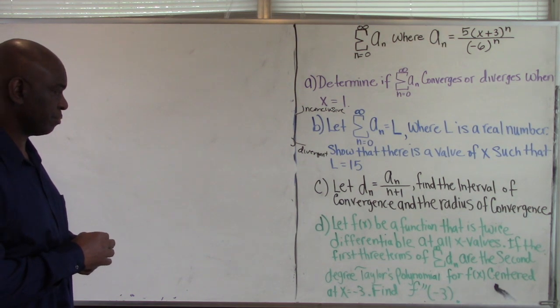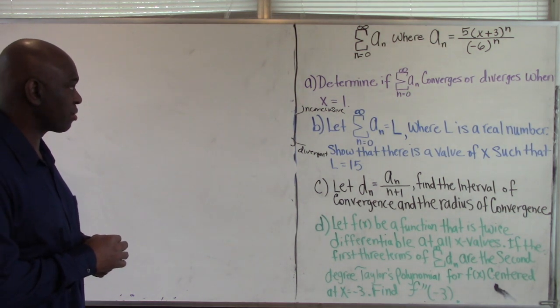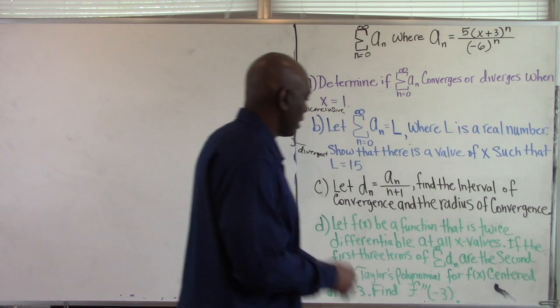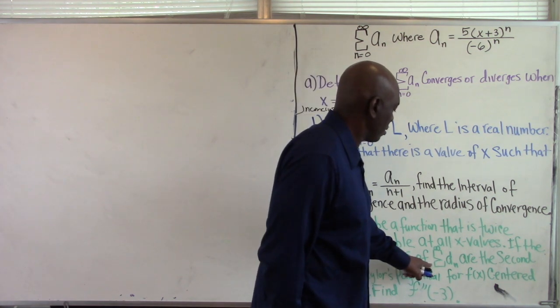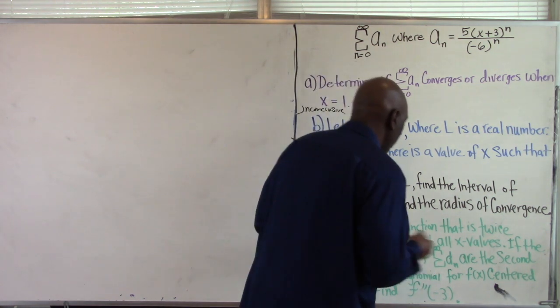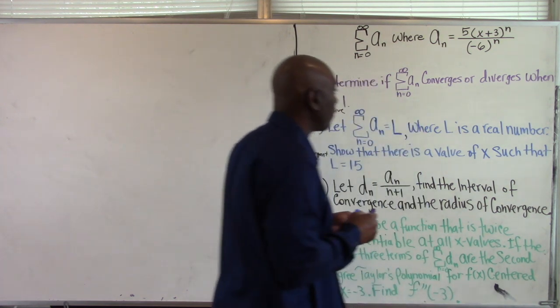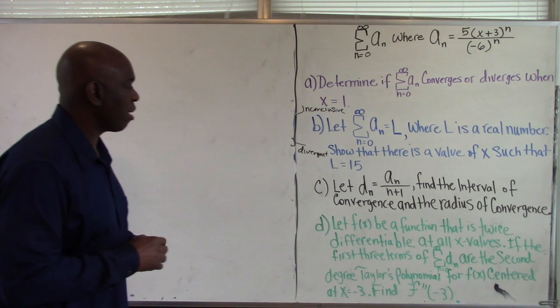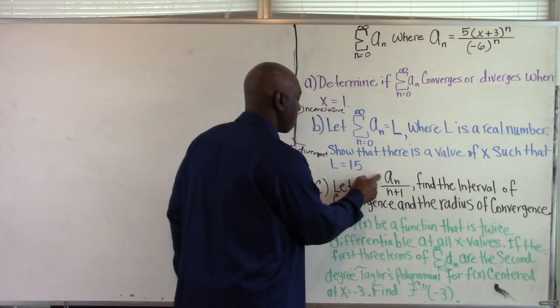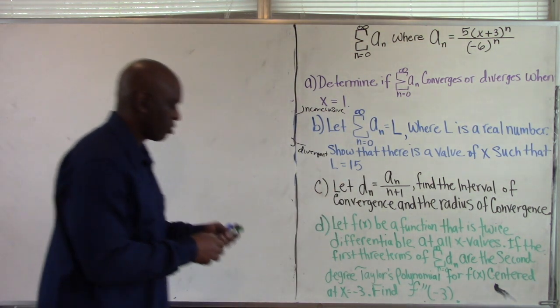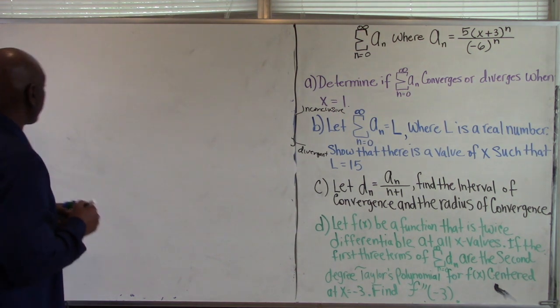Okay, our sequence. Our sequence goes from n equal 0 to infinity of d of n. All right, so it's this right here. So that's our sequence. So let's put up our sequence then.